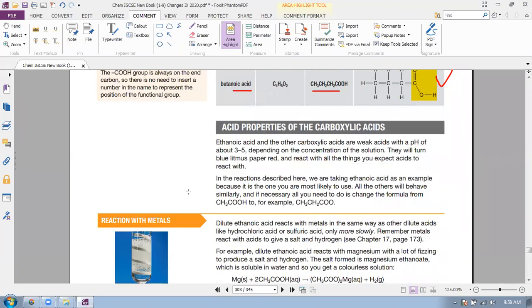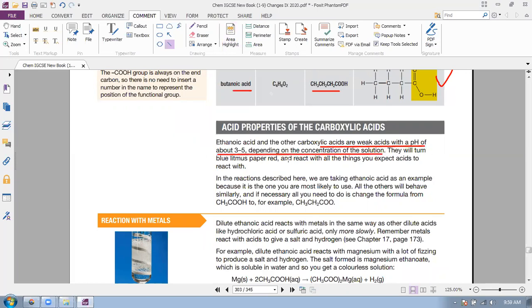Now, acidic properties of carboxylic acid. We will read that carboxylic acid is a kind of acid, so it definitely has acidic properties. It is actually a weak acid, and its pH is from 3 to 5. Still, they carry the properties of acids.